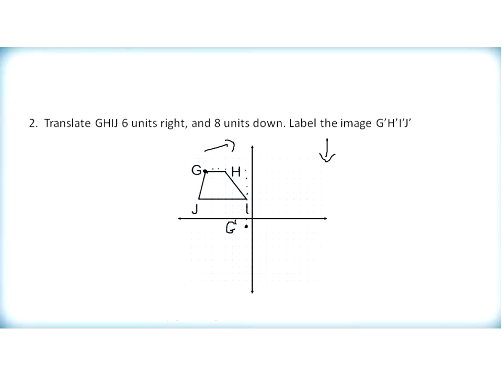Now I'm going to have to do the same thing for all of my other points. So H is going to be right here, H prime that is. J prime is going to be right here. And I prime is going to be right here.